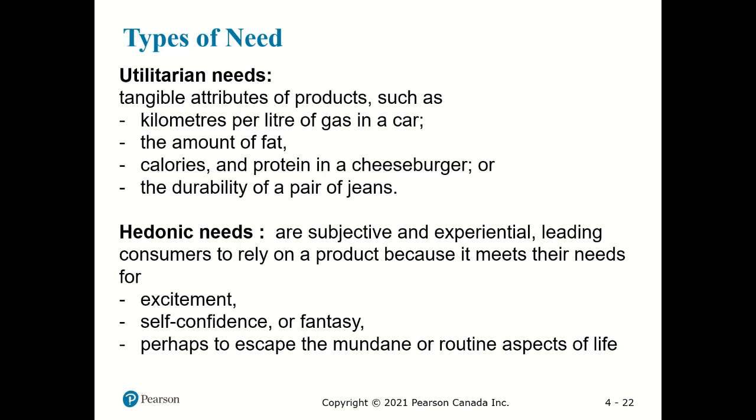Hedonic needs are subjective and experiential, leading consumers to rely on a product because it meets their need for excitement, self-confidence, or fantasy, and perhaps to escape the mundane or routine aspects of life.